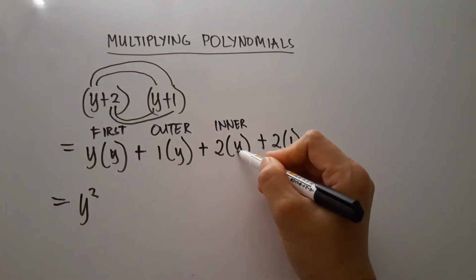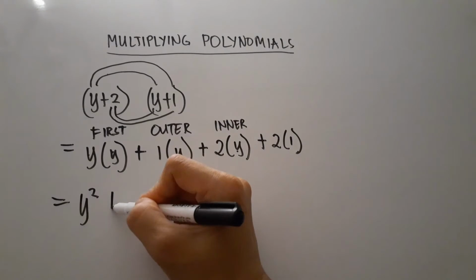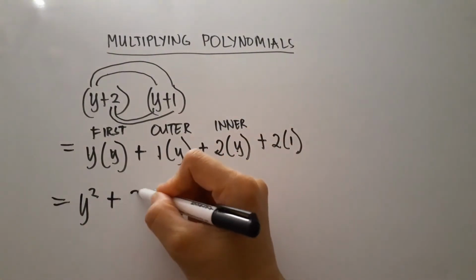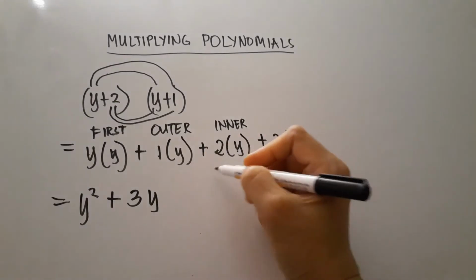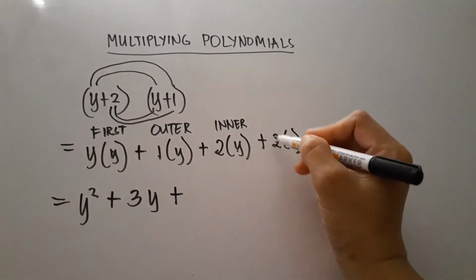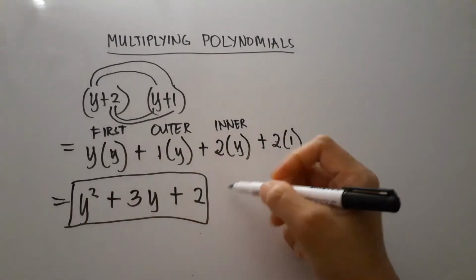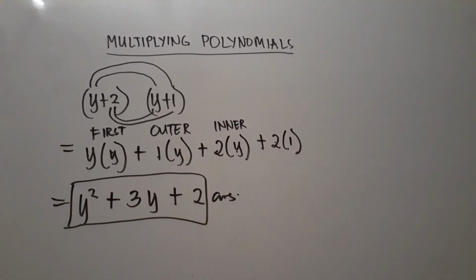Then y times y, remember the laws of exponent, becomes y squared. Then y times 1 becomes y, plus 2y, and this is the answer.